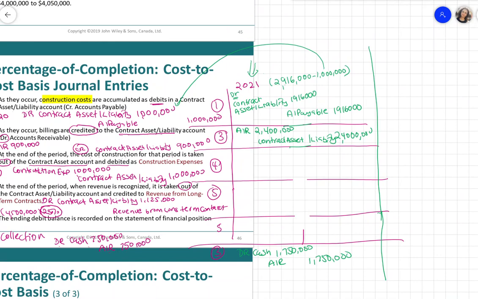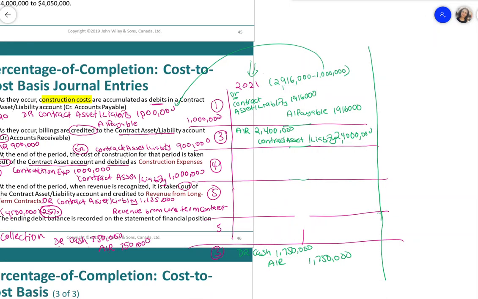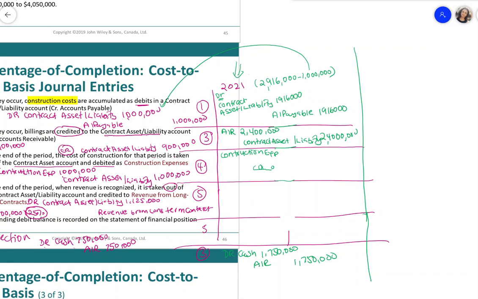So how are we going to get the construction expense? You're going to debit the construction expense, and credit will be your contract asset/liability. So there's two ways of calculating it. Whatever it cost us, in other words, what we did is we bought the material, that's the cost.